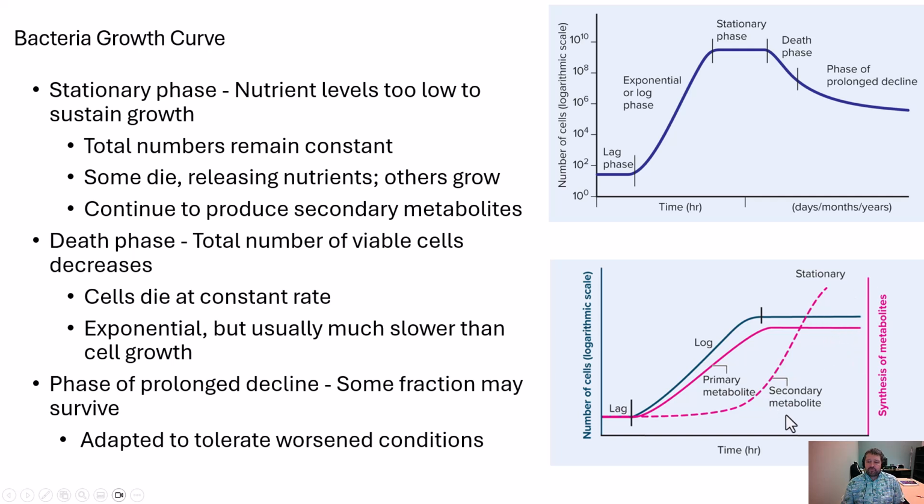Because there's nothing really to build secondary metabolites from. And the primary metabolites drop off a lot also, because there's really no source of energy. There's no source of the carbon, nitrogen, phosphorus, oxygen. None of that's really available after you get out of the stationary phase, because there's just not enough nutrients in that closed system.